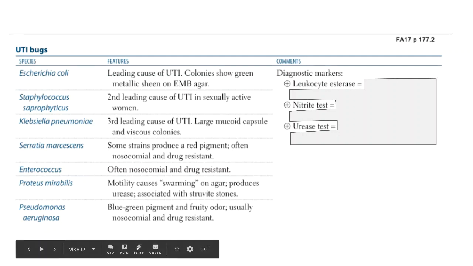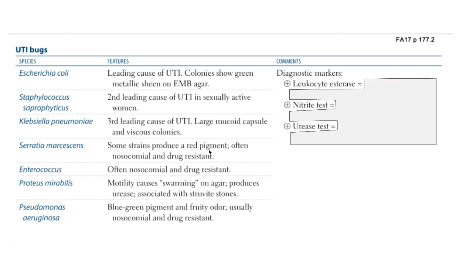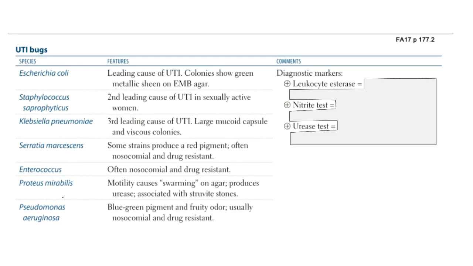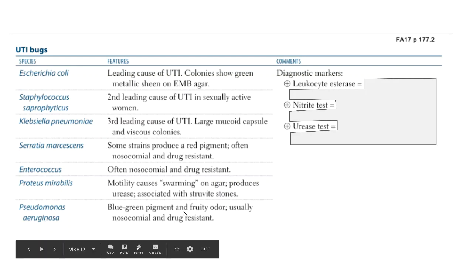Remember Serratia, some strains produce a red pigment. Enterococcus is nosocomial and drug resistant, so remember VRE. Proteus, remember the swarming that I talked about before, like a swimming bacteria. And Pseudomonas is nosocomial, drug resistant, and usually in immunocompromised and diabetes.